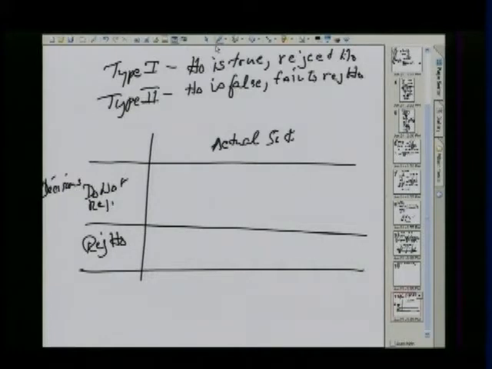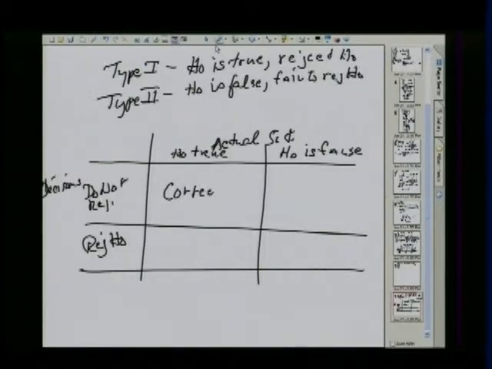But we don't know that, so it's possible we could make mistakes. Here, possibility is the null is true. The other possibility is the null is false. Okay, so if the null is really true and we fail to reject it, or don't reject it, we have a correct decision. If the null is false and we reject it, we also have a correct decision.